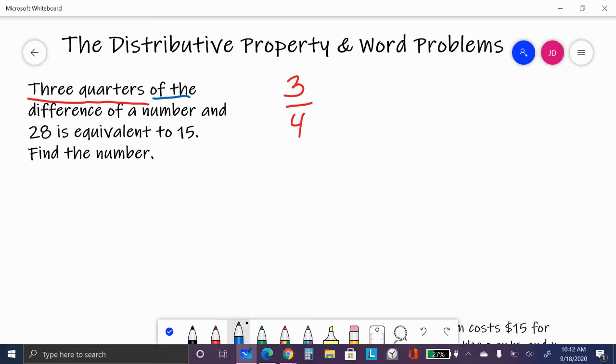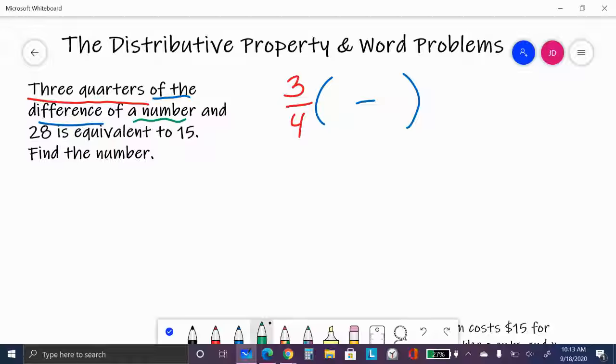Now, whenever I see "of the difference," since we're using the distributive property in these problems, you need parentheses. Difference means to subtract, so "of the difference" means these parentheses with the subtraction in the middle. If it's "of the sum," it would be an addition symbol. All right. A number and 28.